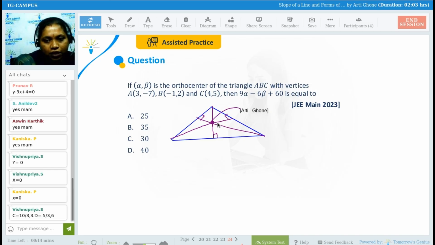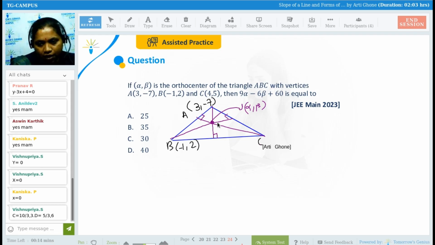So coordinates of orthocenter are given alpha and beta. What are the coordinates of the triangle? A is 3, minus 7. B is minus 1, 2. And C is 4, 5. Clear?